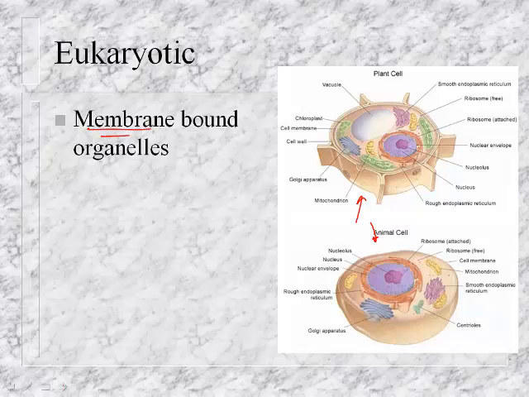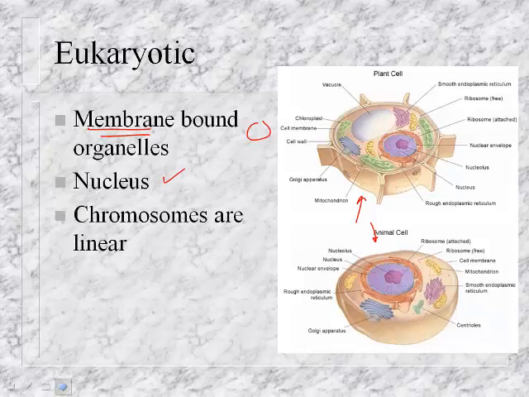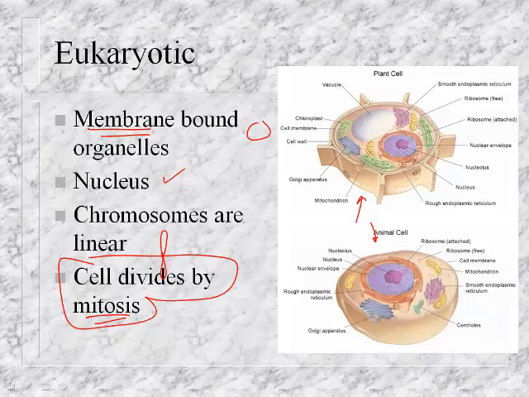These ones actually do have membranes, so they have these outer membranes that cover those organelles. It has a nucleus, check. These chromosomes are linear, like that. And how these ones divide is by mitosis. And this is something that we'll talk about a little bit later. Okay? So you can copy that down and moving on.